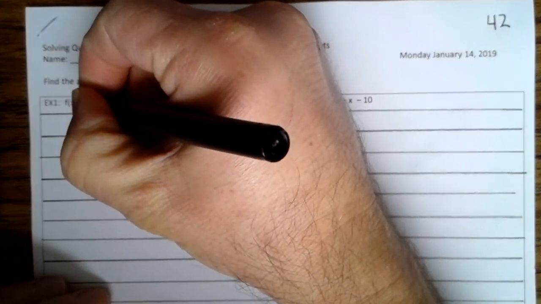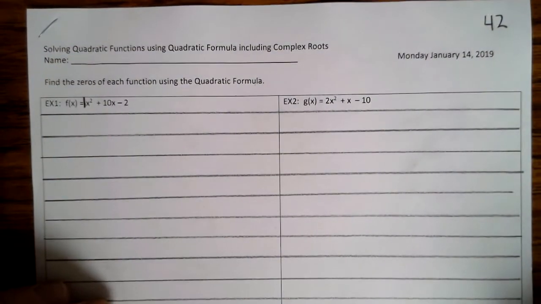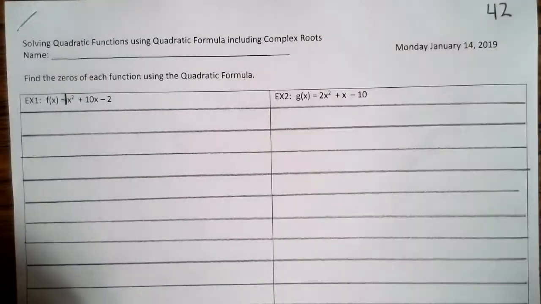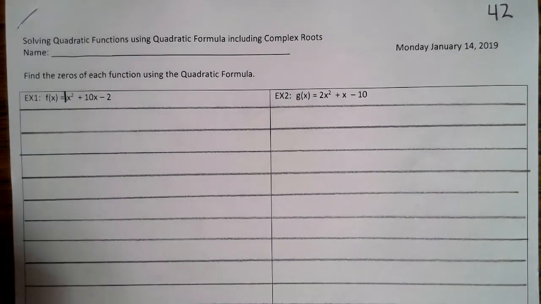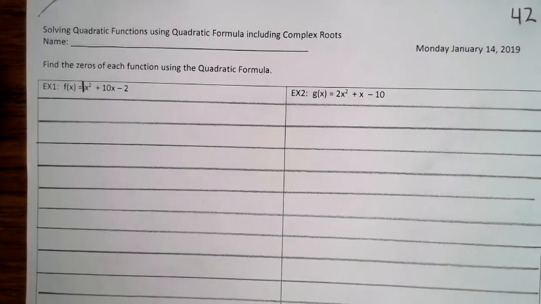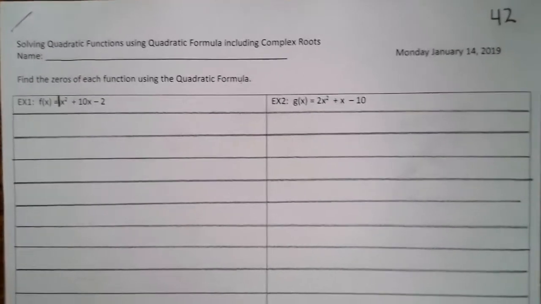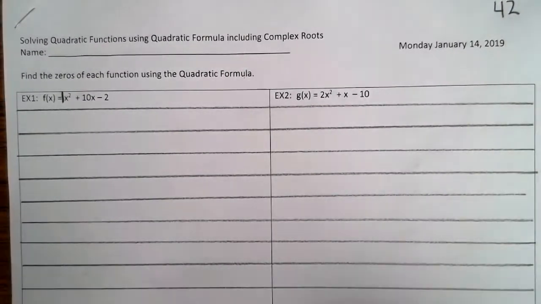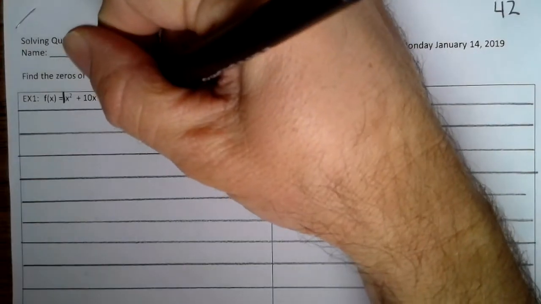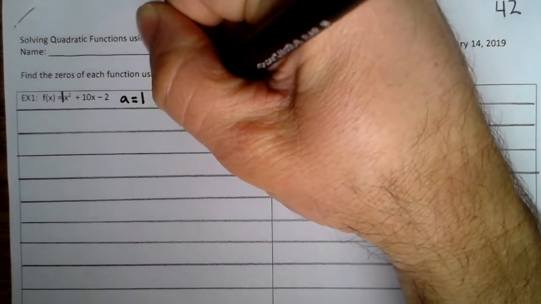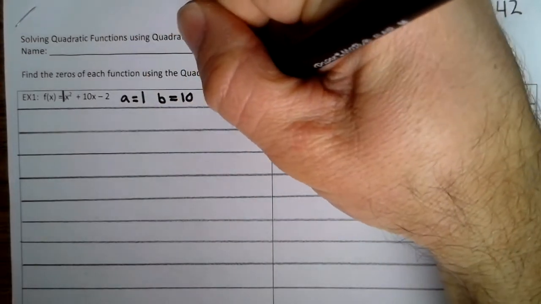Then you identify the a, b, and c. So now a is 1, b is 10, and c is -2.